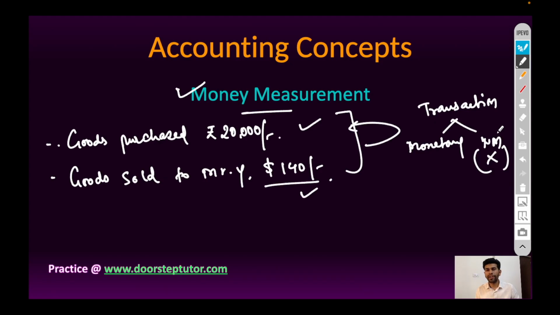So non-monetary transactions are not recorded in business books of accounts. Only monetary transactions are recorded, and they can be further divided into cash transactions and credit transactions. So money transactions can be recorded in books of accounts in domestic currency only.